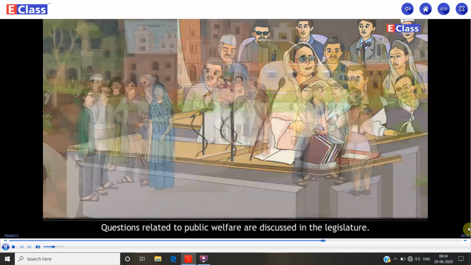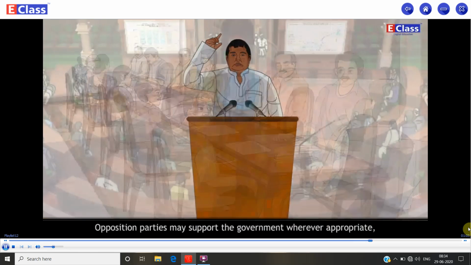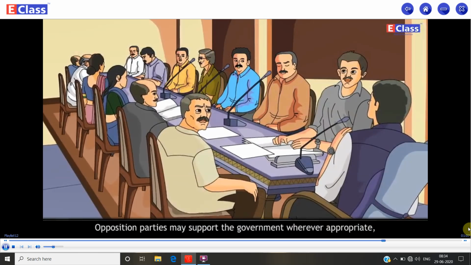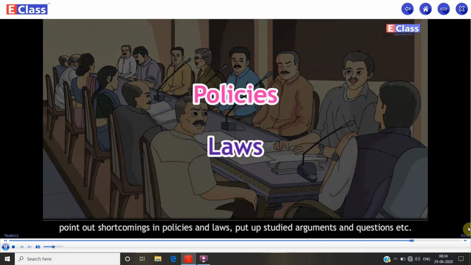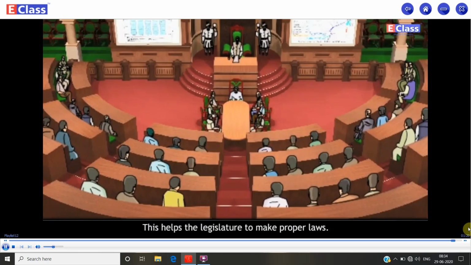Members from the opposition party also take part in these discussions. Opposition parties may support the government wherever appropriate, point out shortcomings in policies and laws, and put up studied arguments and questions. This helps the legislature to make proper laws.